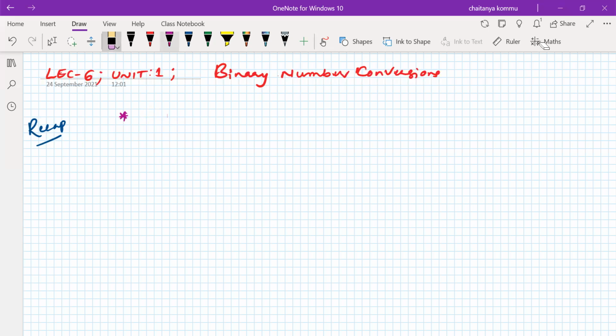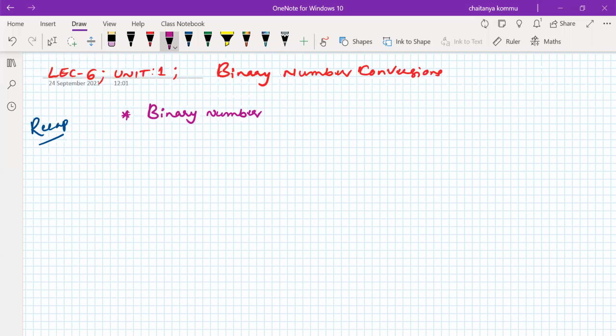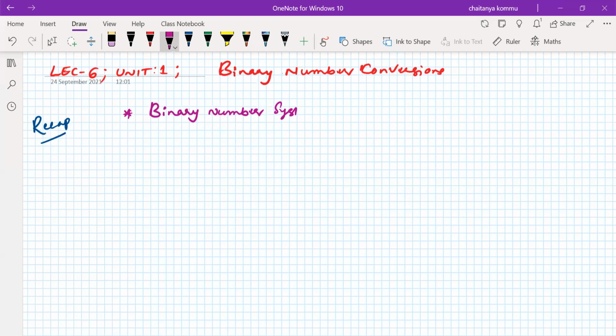What is the binary number system all about? It depends completely on zeros and ones, only 2 digits that we normally talk about, and its relevant information, weights, that we have also seen.